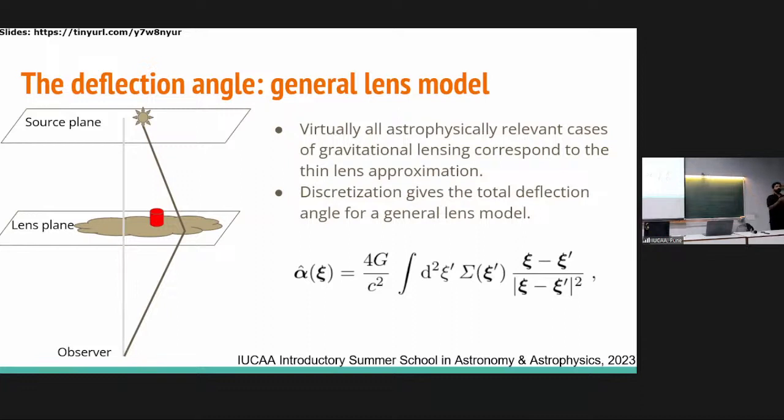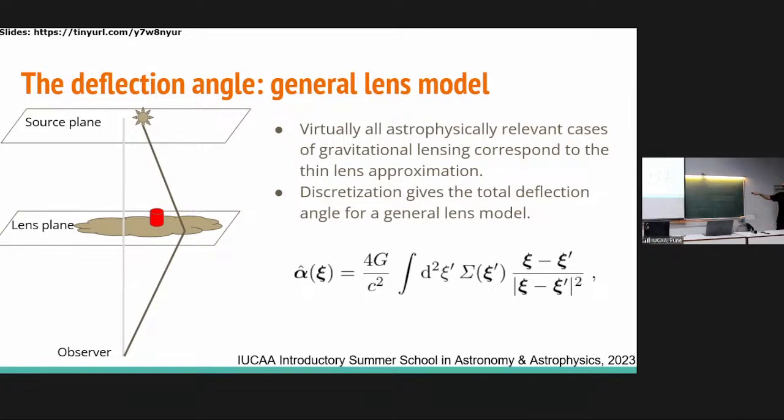So we can use something called a thin lens approximation because these distances are really far away, and the distance within which the mass of the lens is confined is typically very small. Most of the time, when light travels through the universe, it travels through voids, almost nothing. So it encounters almost nothing. Once in a while, you will start to see these kinds of configurations, and that's the reason why lensing happens. And so we'll consider this kind of configuration.